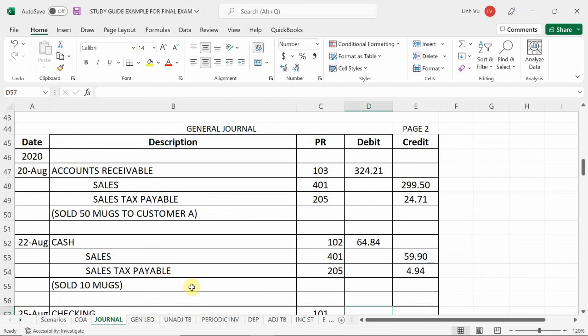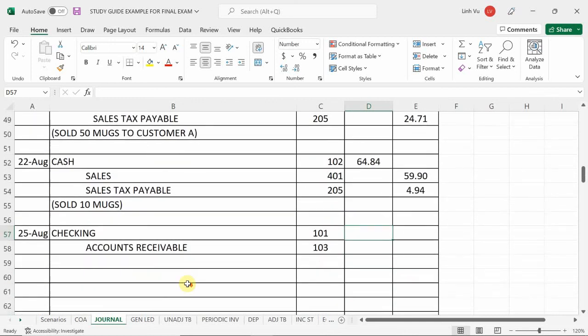When we sold to customer A on the 20th of August, we sold 50 mugs and charged the tax. So right now, how much does customer A owe me? $324.21.